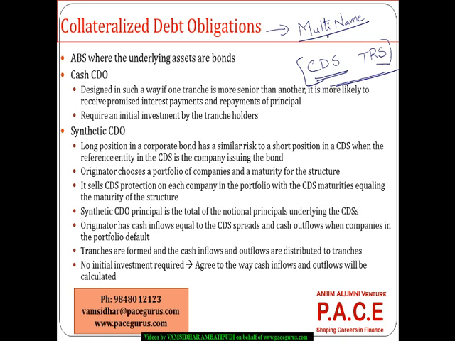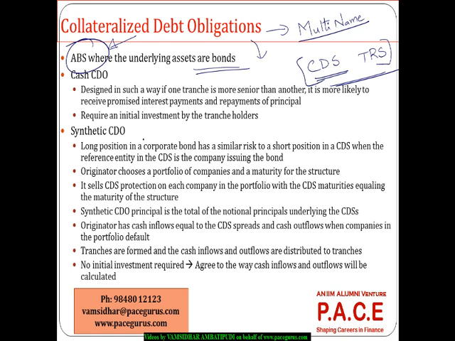But now we talk about the multi-name credit derivatives, out of which collateralized debt obligations, CDOs, are going to be one of the powerful instruments. They are simply like asset-backed securities where the underlying assets are the bonds. Look at it as simple as that. Like any other asset-backed security, but the underlying assets are the bonds.